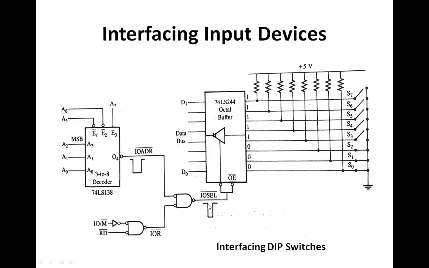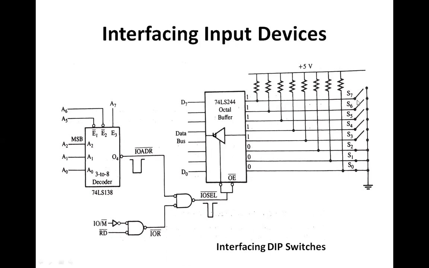Once it is generated, it is going to enable the tri-state buffer, and the logic level of the switches, whatever the position, will be placed on the data bus. Now in 8085, it begins to read the switches S0 to S7 during the third T state of the third machine cycle, places the result on the data bus, and in the same T state it is loaded into the accumulator.